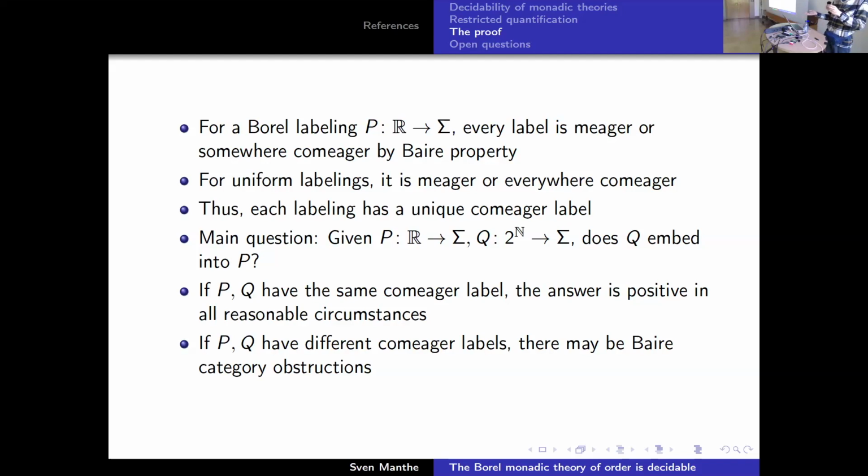If it's the same, then we can essentially always construct the Cantor sets which we want to construct, unless there are some trivial obstructions like some label not occurring at all. But if they have different comeager labels, then the Baire category obstructions we already saw in the proof of meagerness may apply. But this can then be computed because those are the only obstructions.